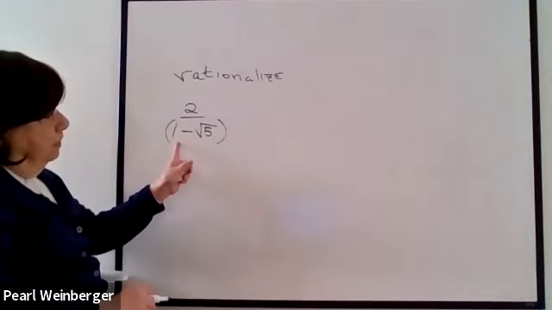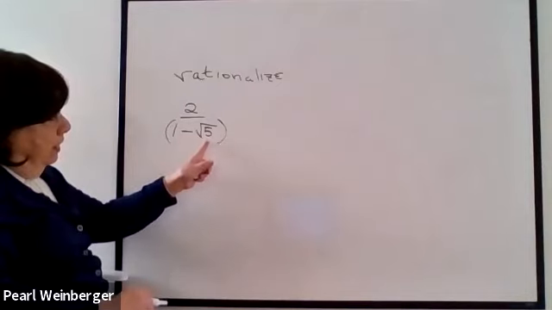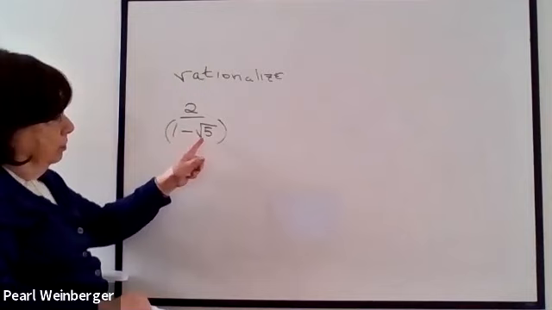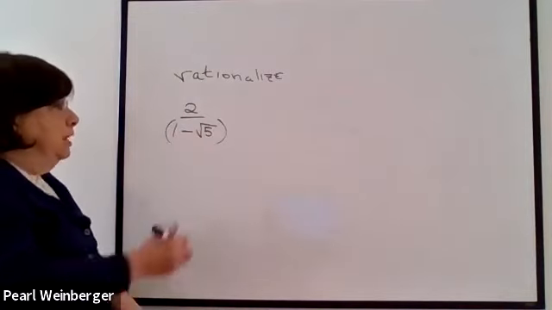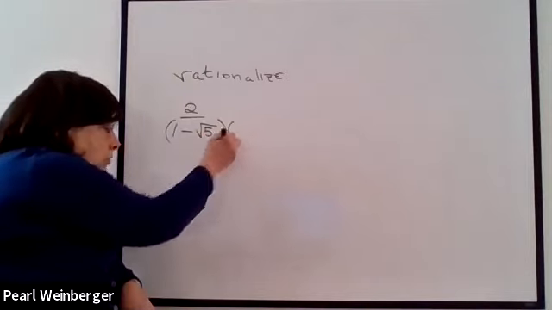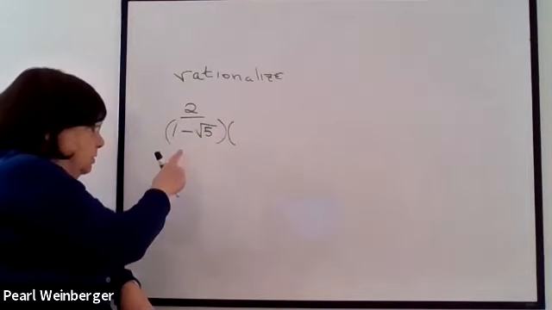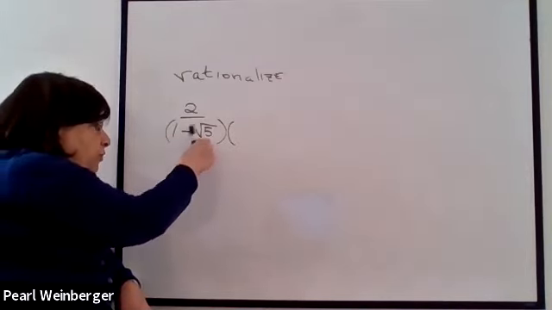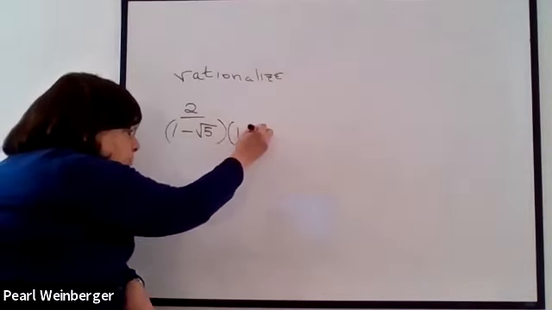When I see that my denominator is a binomial that has a radical in it, what I do is I look for the conjugate of that binomial. Remember, I'm concentrating on the denominator. And the conjugate of 1 minus radical 5 is 1 plus radical 5.